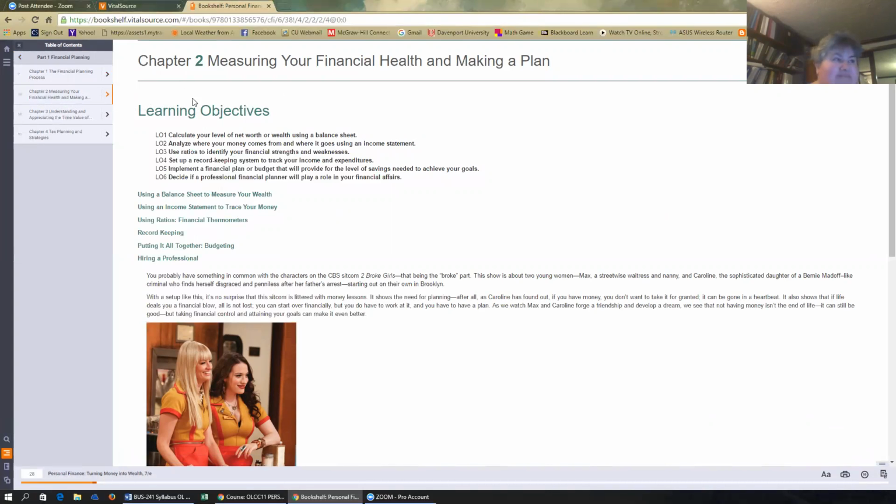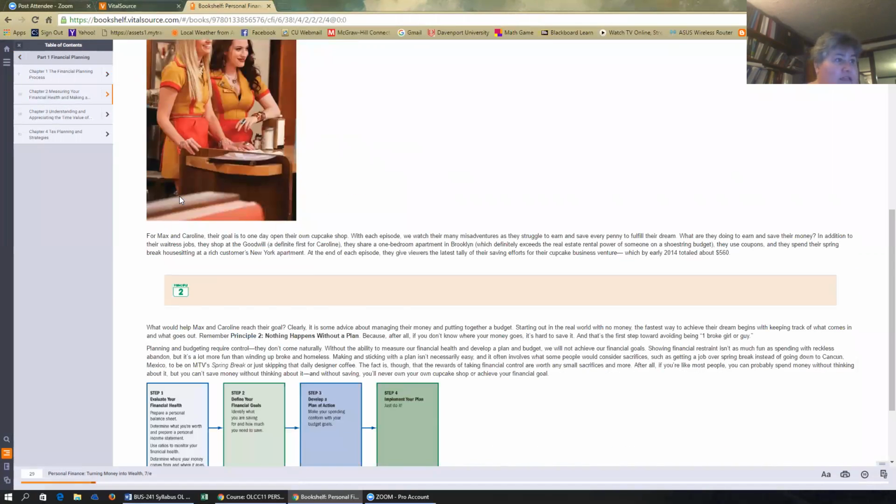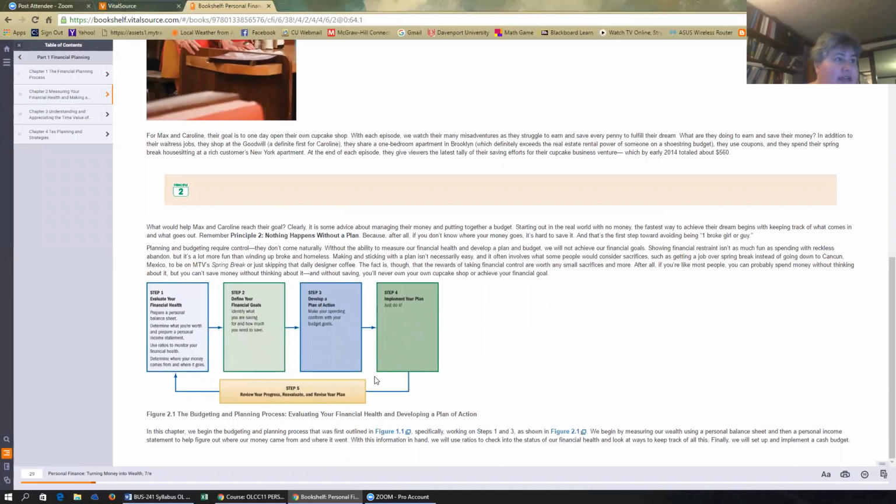Chapter 2 gets into some of the nitty-gritty. So it begins with talking about the steps that you need to do. Step 1 is you need to figure out where you're at. How am I doing right now financially? Step 2, I need to make some goals. Step 3, I got to figure out how I'm going to get to my goals.